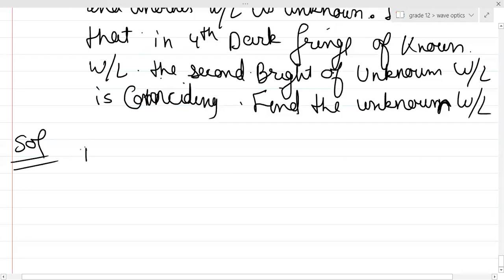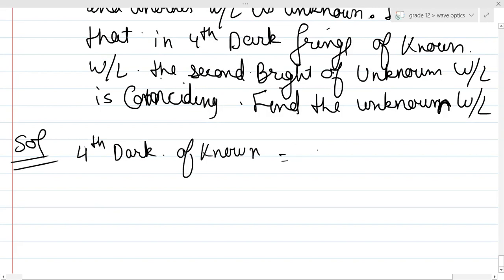Fourth dark of known and second bright of unknown are coinciding.